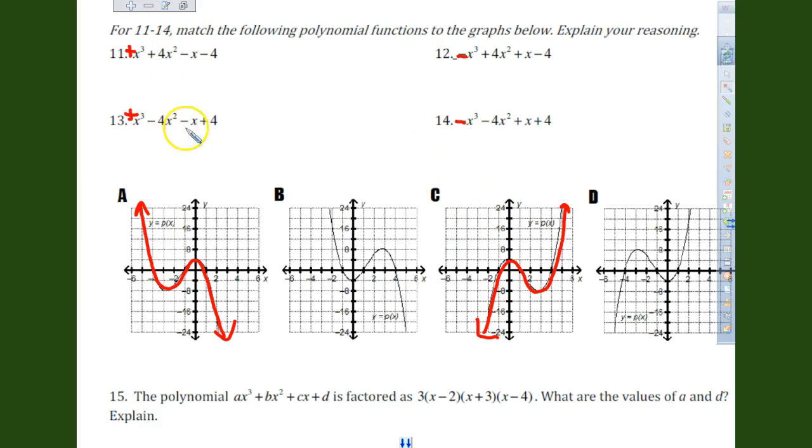11 and 13 will be C or D, right? So x to the third starts low, finishes high. And if you take the negative, it reverses, starts high, finishes low. So you know for sure 11 and 13 are C or D, 12 and 14 is A or B. Now how can we tell which is which? Right? So that's when we look at the y-intercept.